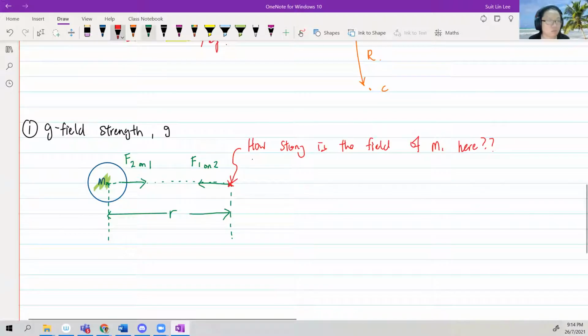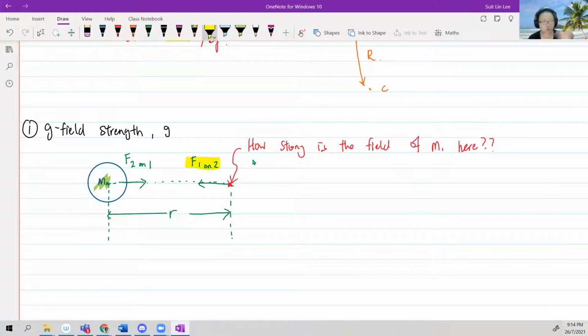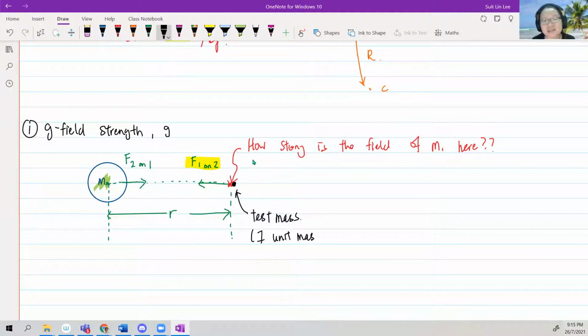Okay, then you go like, well, since this force is a consequence of the field, I'm going to put a mass here to test it, testing. So here, I will put a test mass. Can it be M2? Sure, M2 can be your test mass. But normally we take 1 unit mass. So normally in science, our testing one is normally a unit of 1.